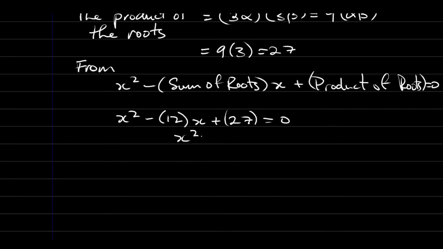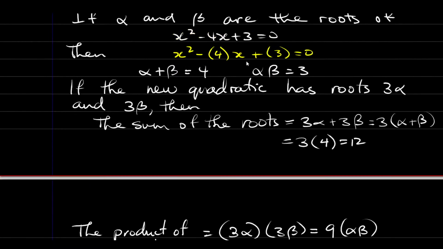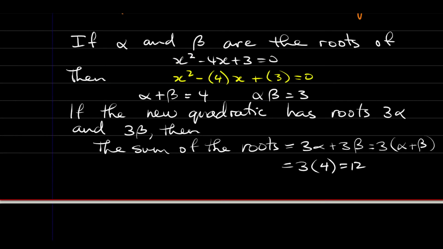So that's x squared minus 12x plus 27 equals 0. That's the new quadratic equation with roots that are 3 times the roots of this equation here.